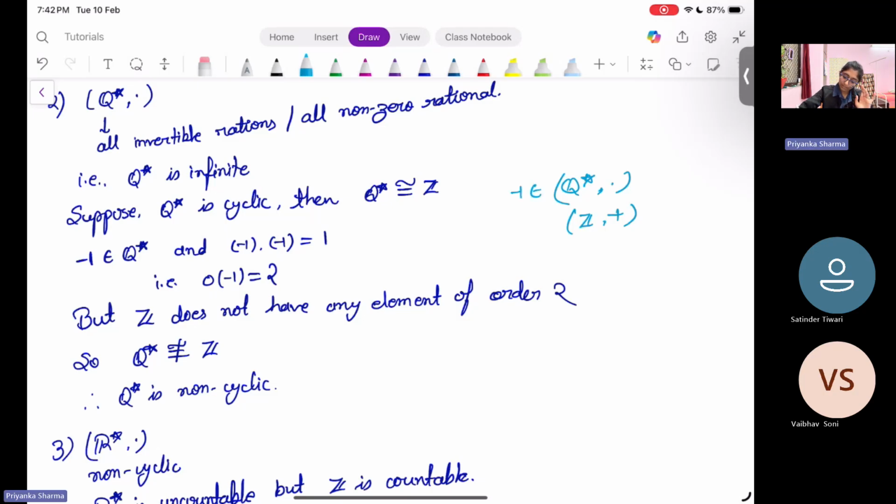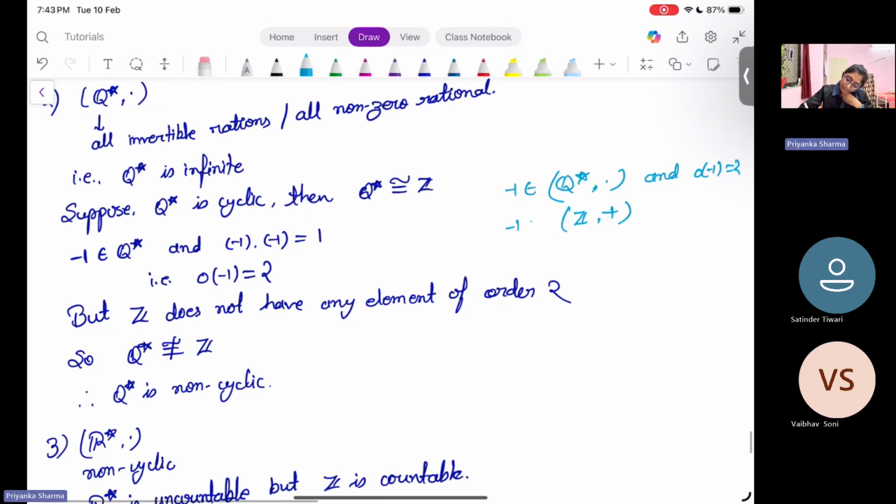In Q star, the order of -1 is 2 because -1 times -1: when we operate -1 to itself 2 times, we get the identity. But -1 belongs to Z. This is true, but insufficient to give -1 plus -1 is identity. Here identity changes, here the group operation changes. So -1 is an element of infinite order in Z.